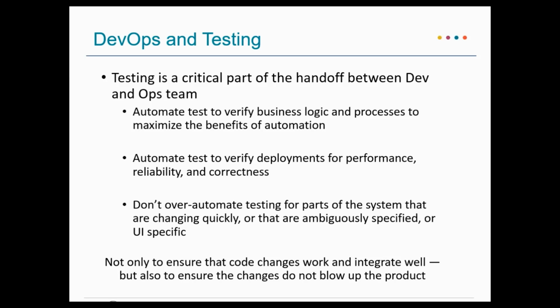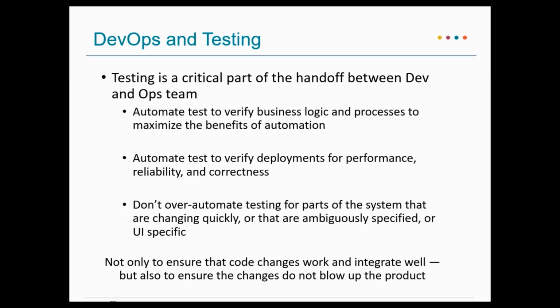Automate tests to verify business logic and processes. Automate tests to verify deployments for performance, reliability, and correctness. That is also required. And we should not over automate. In what case? We should not over automate testing for parts of the system that are changing quickly or that are ambiguously specified or UI specific.